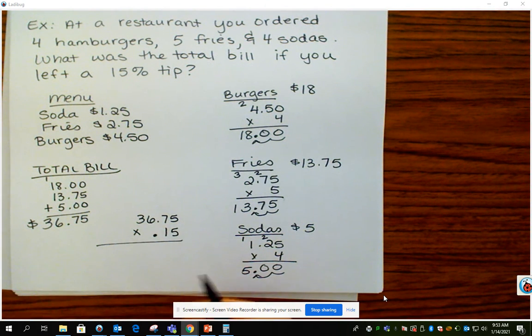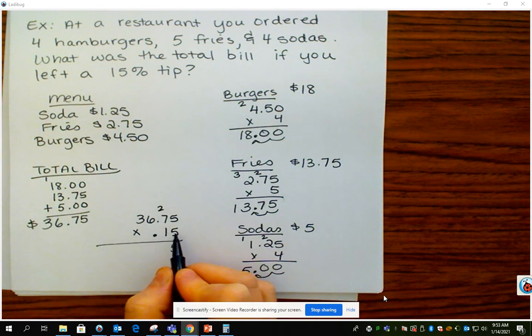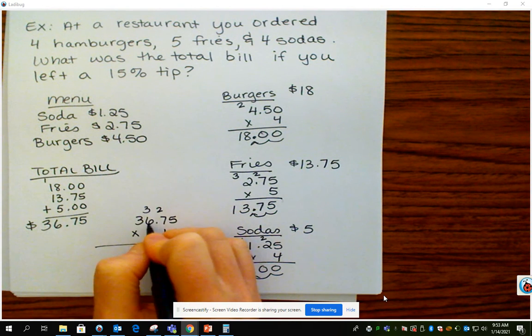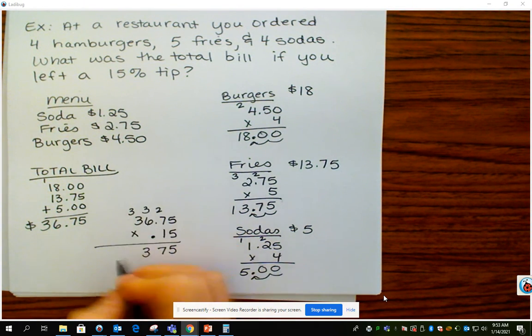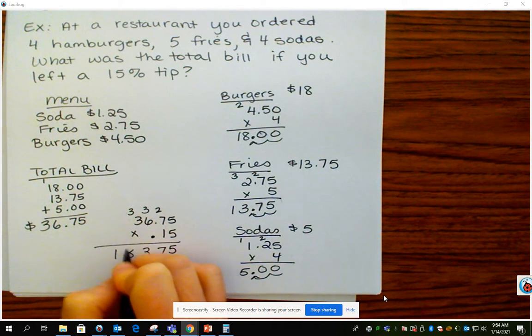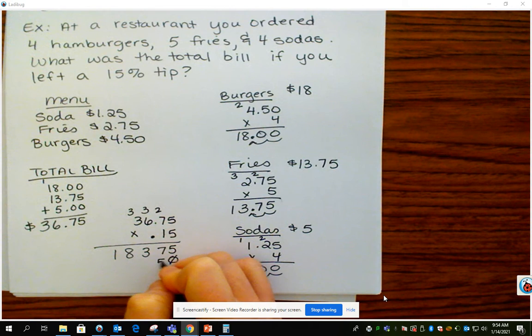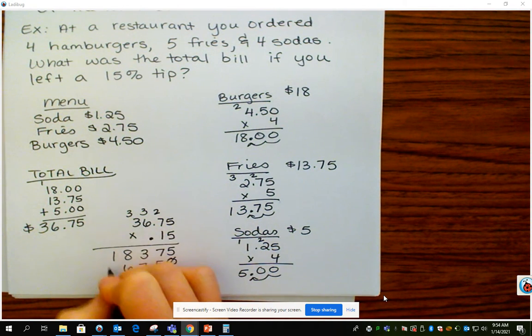Okay, so 5 times 5 is 25. 35, 37, 30 plus 3 is 33, 15 plus 3 is 18. And remember a placeholder and do it again. 1 times 5 is 5, 7, 6, 3.